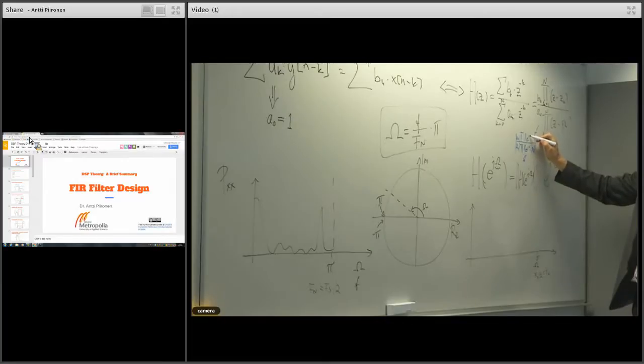So on the numerator part we have the product of distances from the point e to the j omega to the zero points.